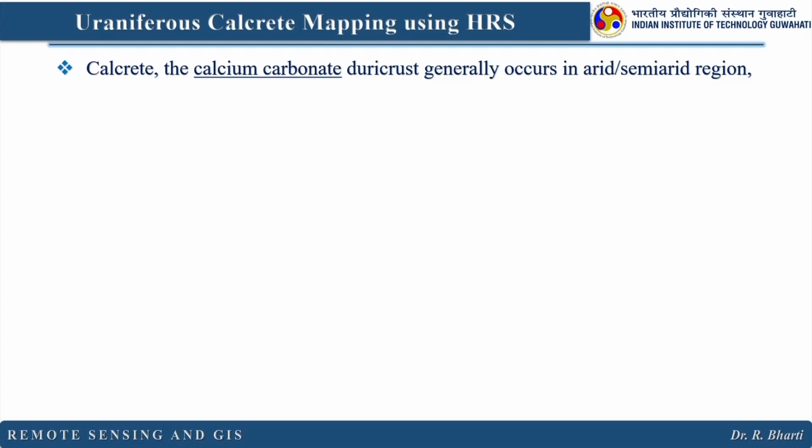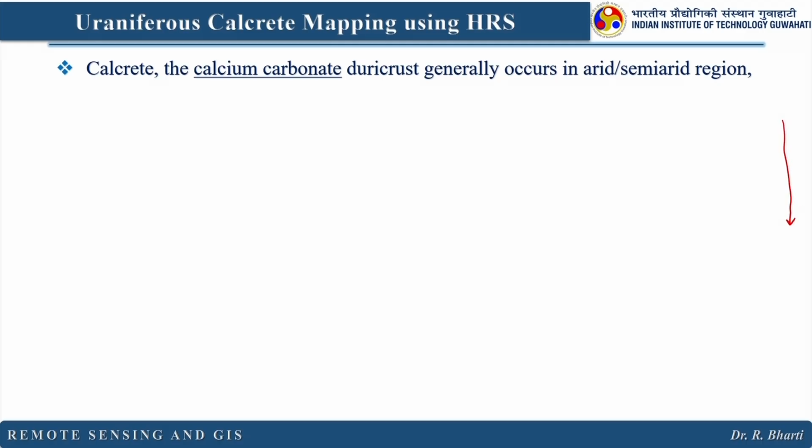Let us see the example of uraniferous calcrete mapping in this particular section, where we have used this spectroscopy or hyperspectral remote sensing. Just to give you the background of why this is important, I am going to explain some background story of this particular work.